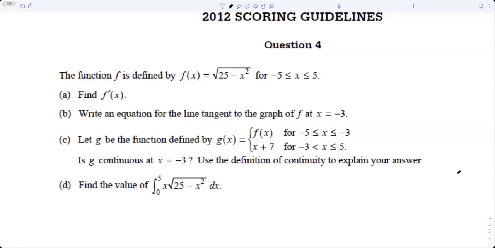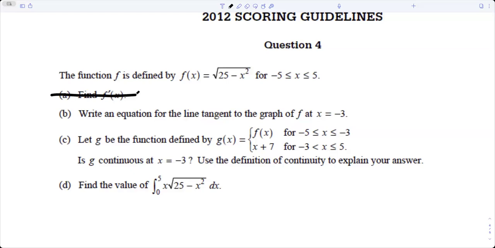Read the question carefully. Okay, so it says, the function f is defined by f of x is equal to the square root of 25 minus x squared for x between -5 and 5. Part A, find f prime of x. Well, that is a preview of coming attractions.